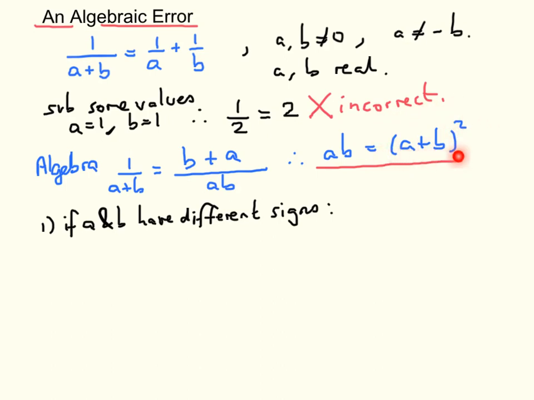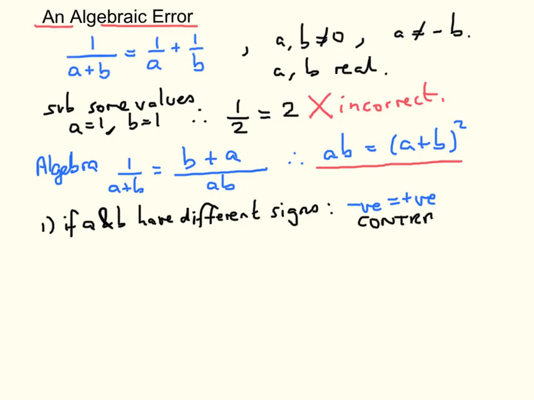The smallest it could be would be 0, but that would only be if a was minus b, and we're not allowing that. So this side is positive, this side is negative, so we would have negative equals positive, and that is a contradiction.